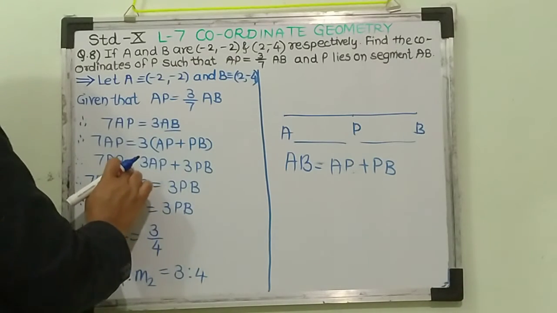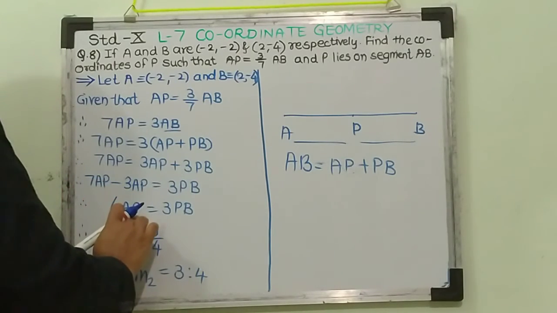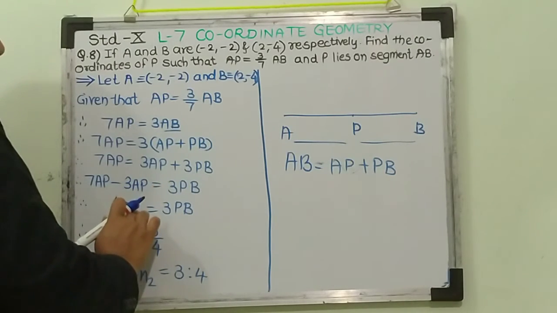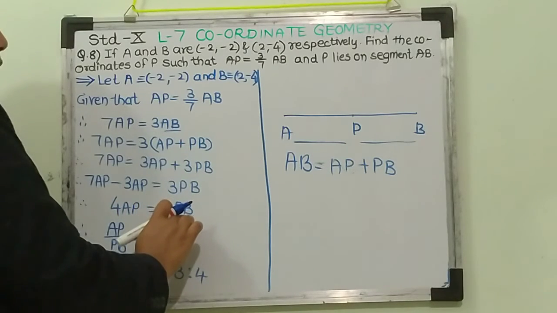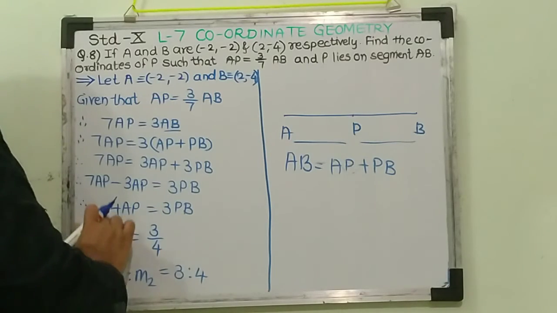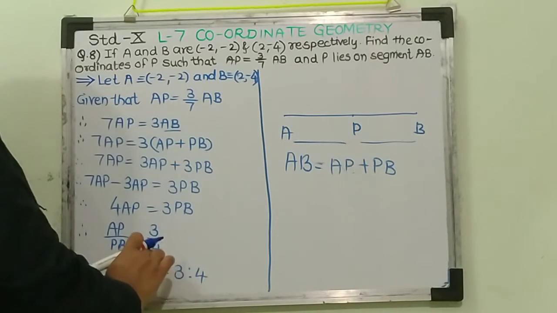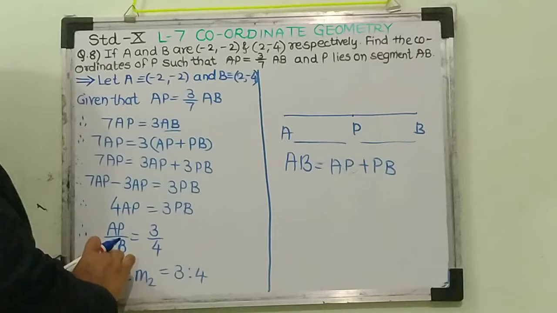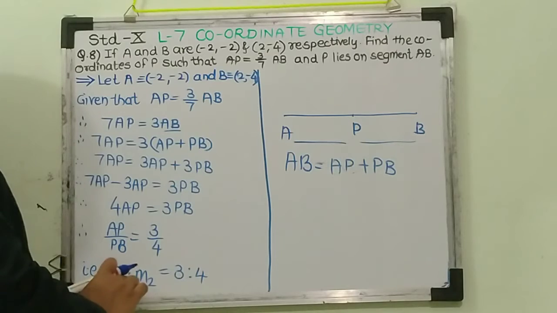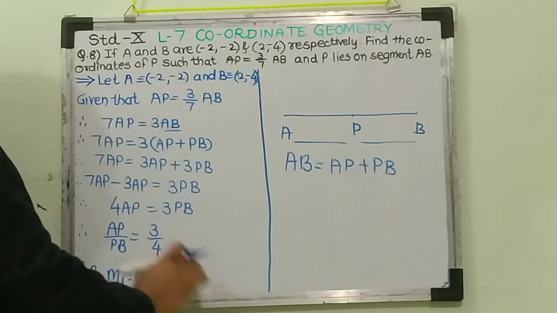So 7 minus 3 will be 4AP, and 3PB remains as it is. Now 4 is multiplied with AP, 3 is multiplied with PB. I am going to shift PB to this side, it becomes divide, and 4 goes to this side, it also becomes divide. So 4 goes to the denominator and PB also goes to the denominator. So we get AP upon PB equals 3 upon 4. That is the ratio m1 to m2 equals 3 to 4.